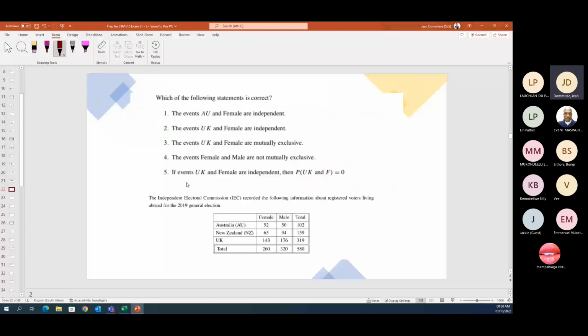The other thing around probability that's critical, and you will get a question on it, so it will be in the exam, is independent and mutually exclusive events. You can definitely prepare that for the exam.